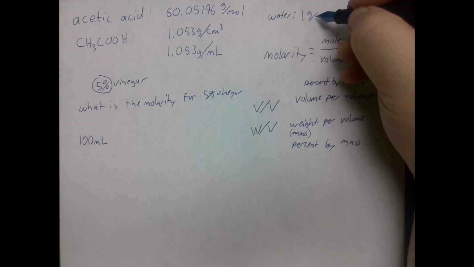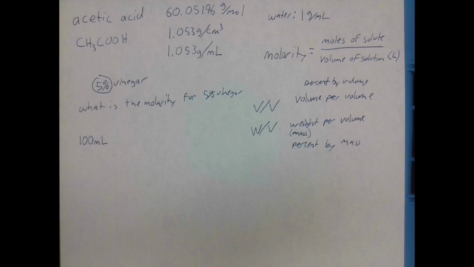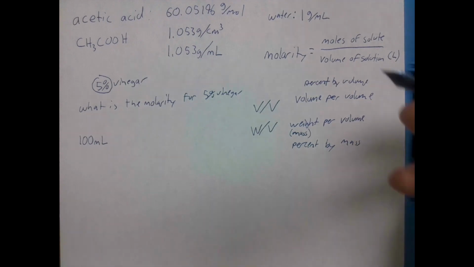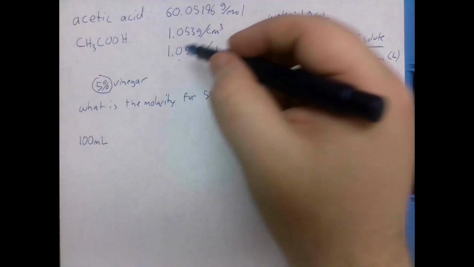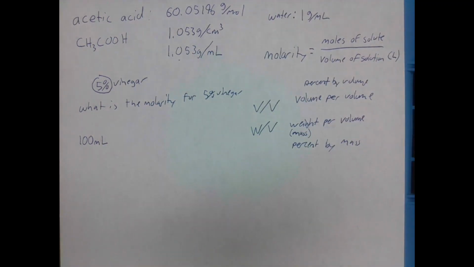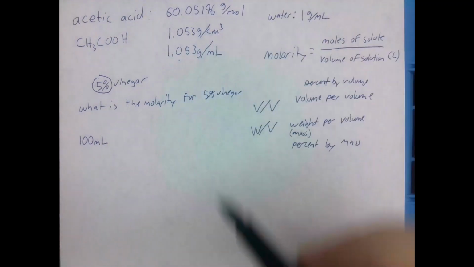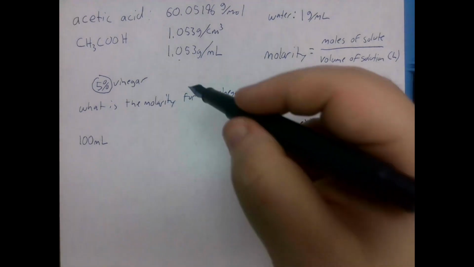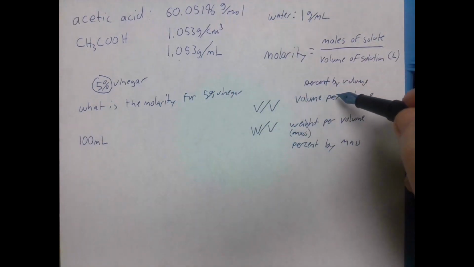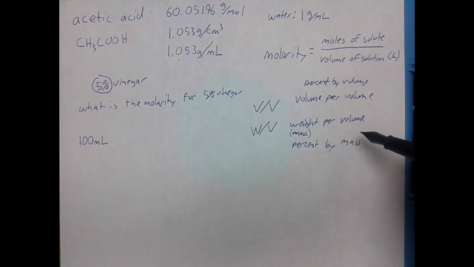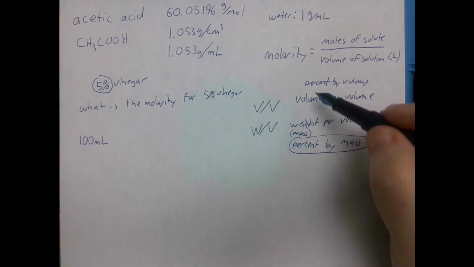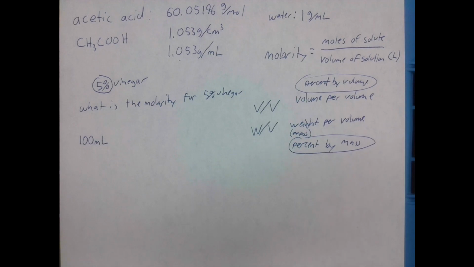Exactly one. 1 gram per milliliter. That's how we initially defined the gram, I think. But these two numbers are very similar. It basically has the same density as water. So whether it was percent by volume or percent by mass, it's basically approximately the same result.